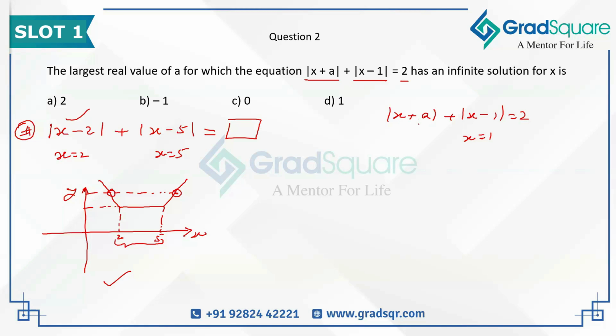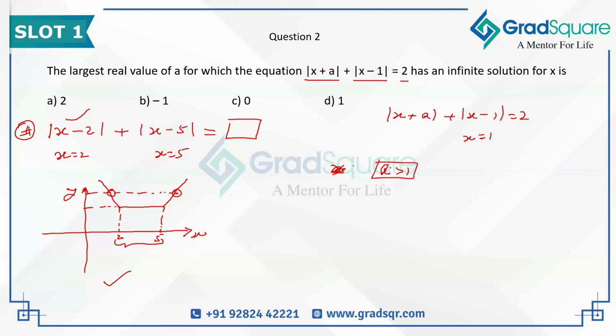We are very certain that x lying between -a and 1, or 1 and -a, whichever way it is, the function will take the infinite values in that range, and that value should turn out to be equal to 2. So we first presume that a is greater than 1.